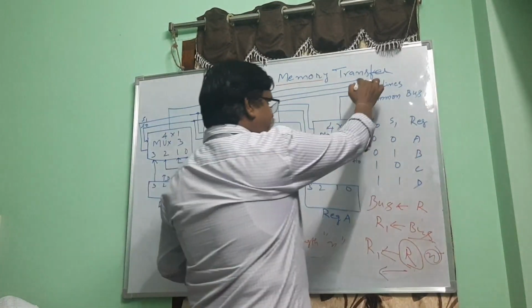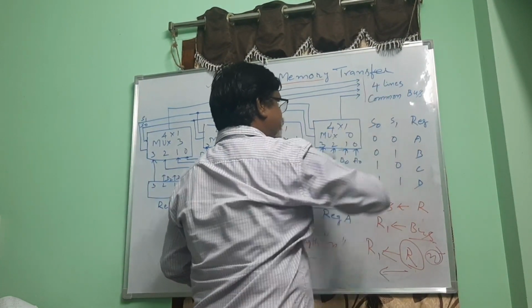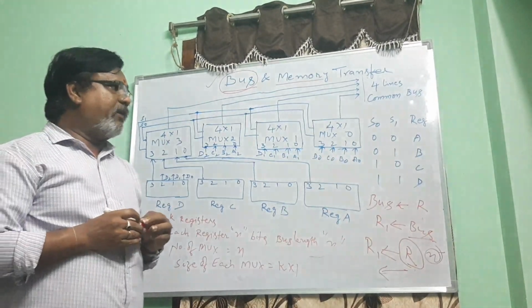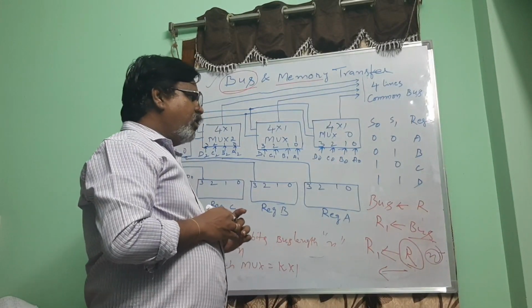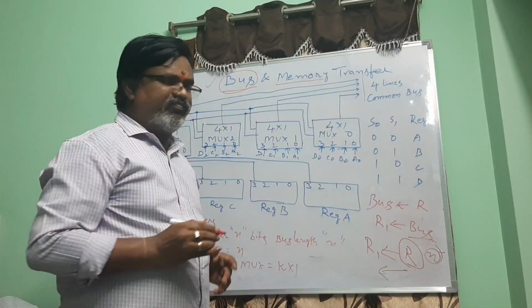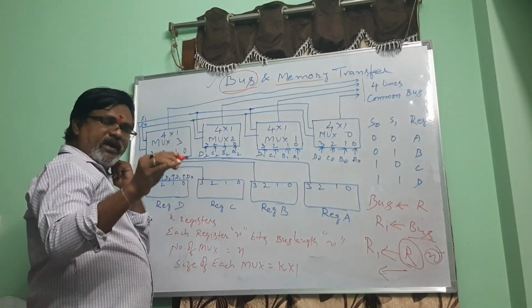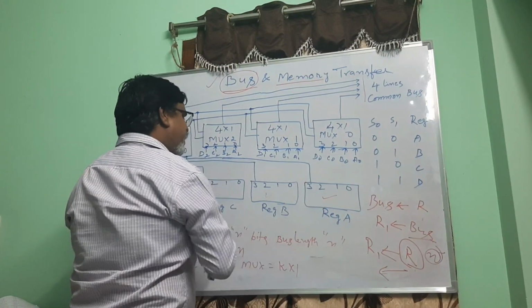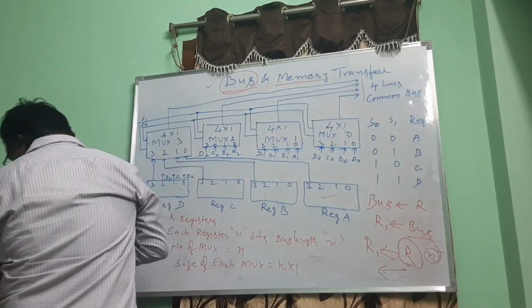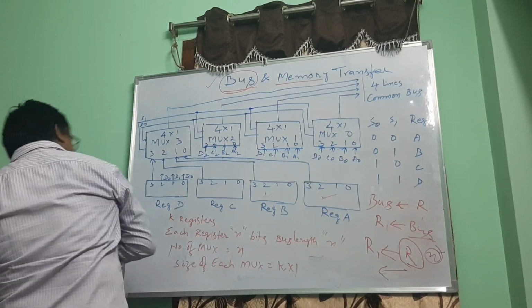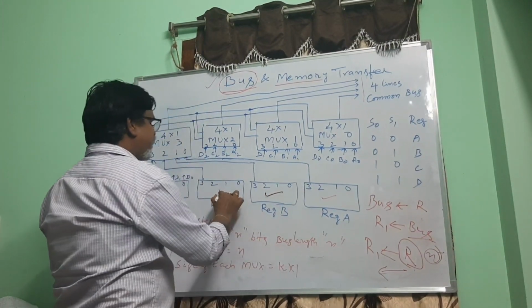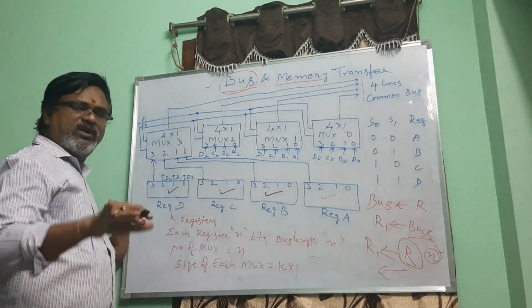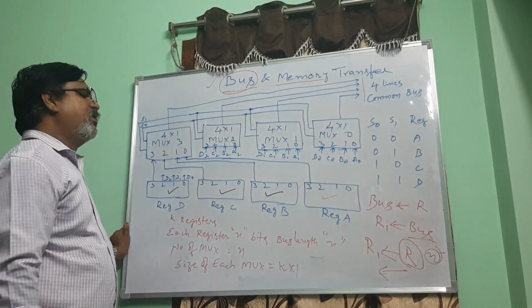Now here there is a 4-line common bus. You can observe 4 lines there. A 4-line common bus to hold 4 bits of data. Here I am considering 4 registers: register A, register B, register C and register D. There are 4 registers available in my computer, let us assume for the time being.